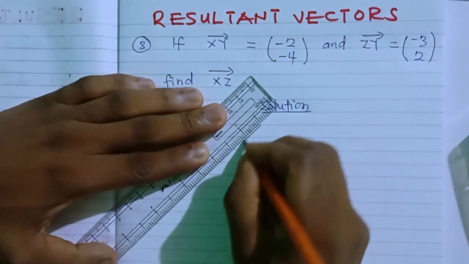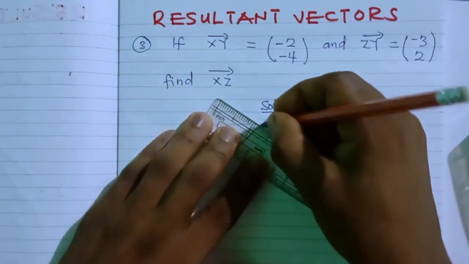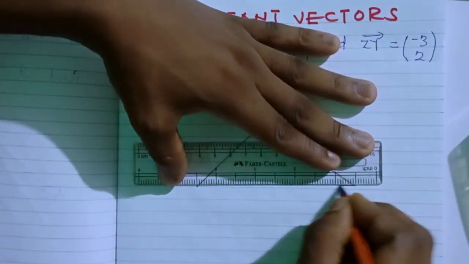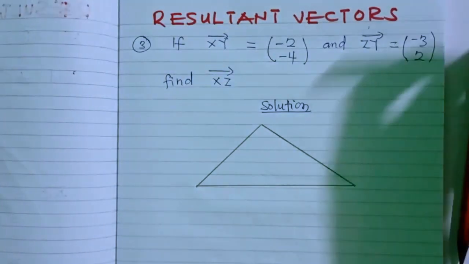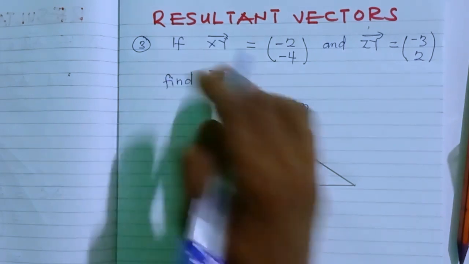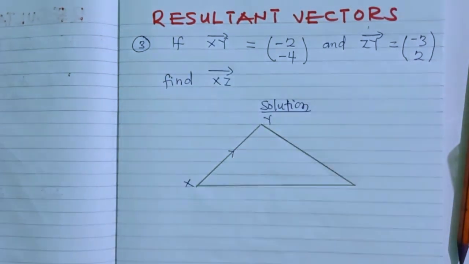I draw the triangle. Then I join the third side like this. I have xy, so I have vector x, vector y moving in this direction.